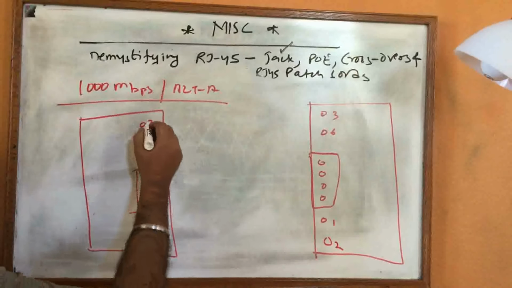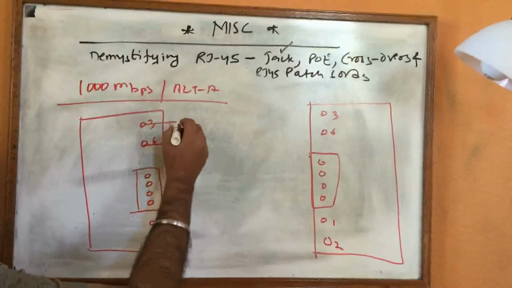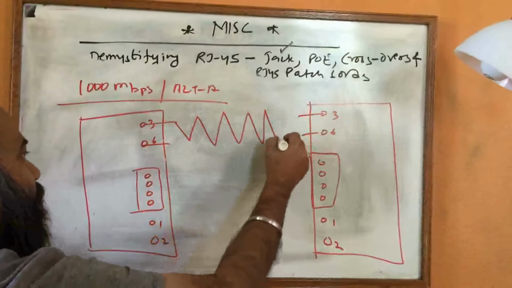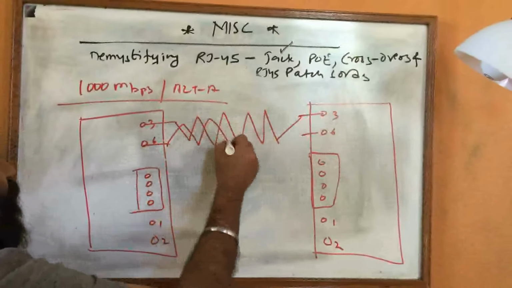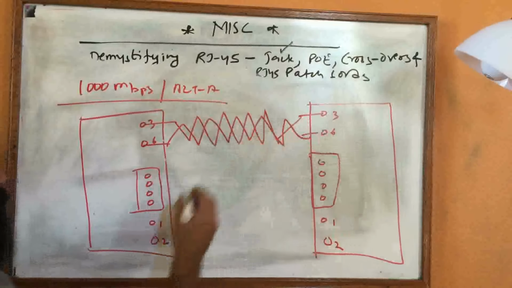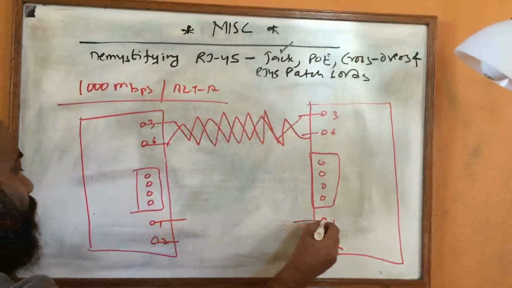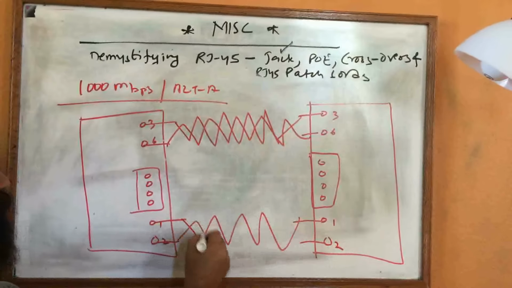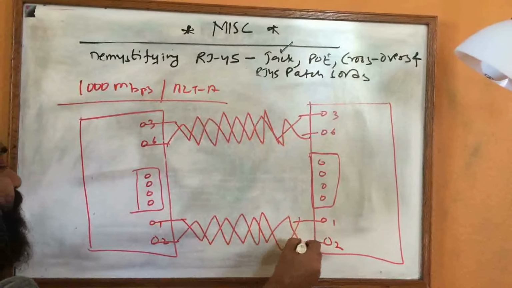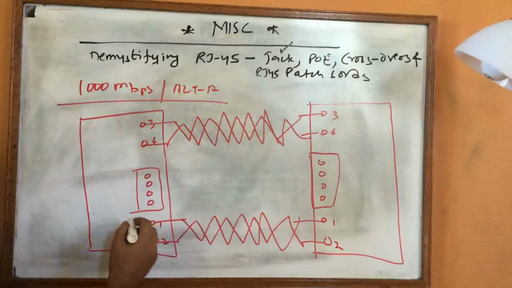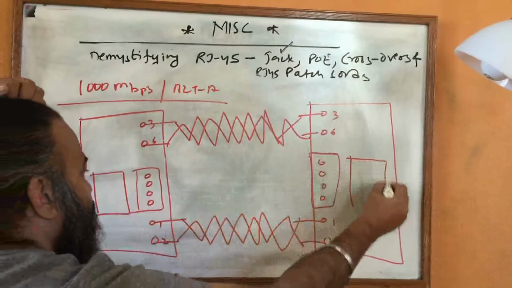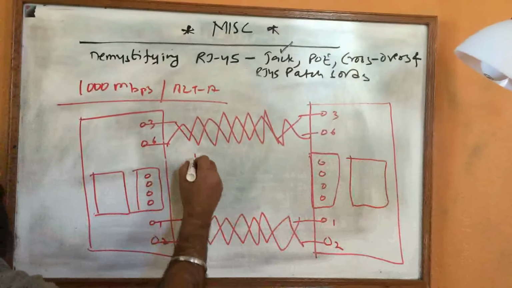So the same thing will happen. Let's draw this line. I actually want to point out why I said it was a 1000 Mbps connection, because of the technology called phantom feeding.